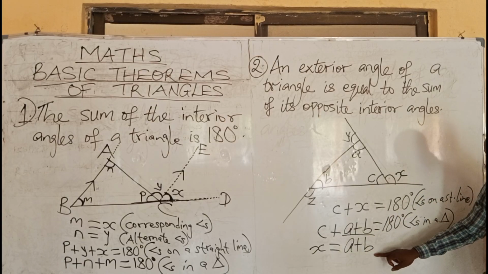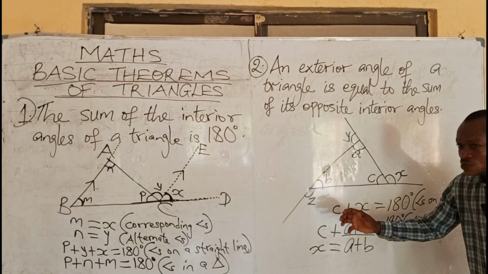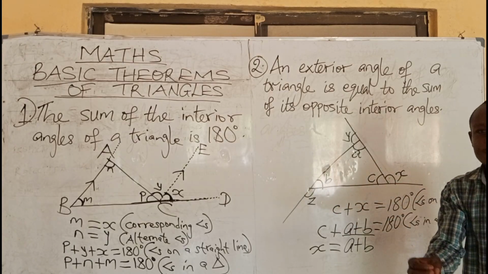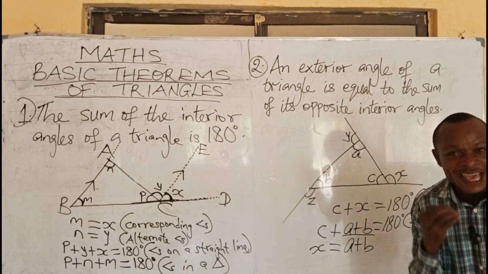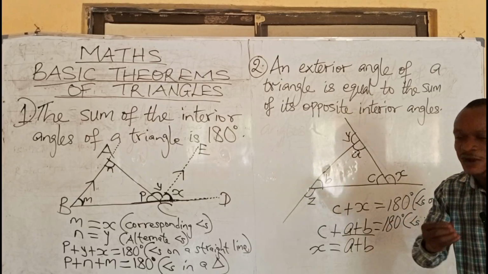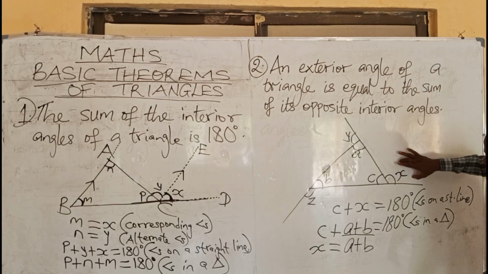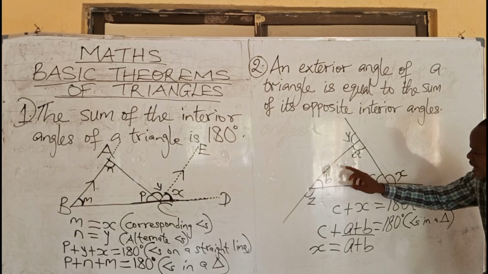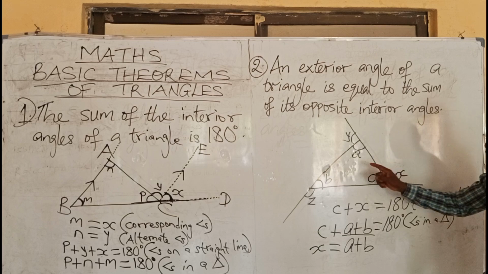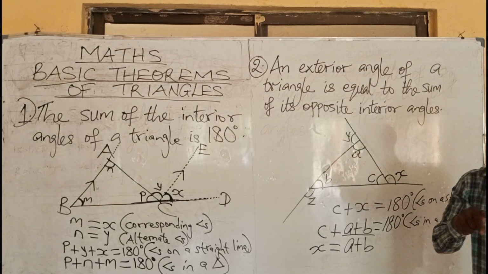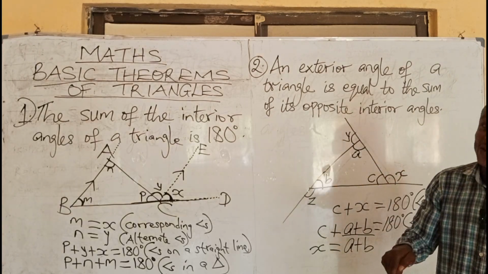This is their sum. So, for you to apply this theorem without making mistakes in any examination or in any question that comes your way, you must know that the interior angles we are looking at must not be the angle that is adjacent to the exterior angle.